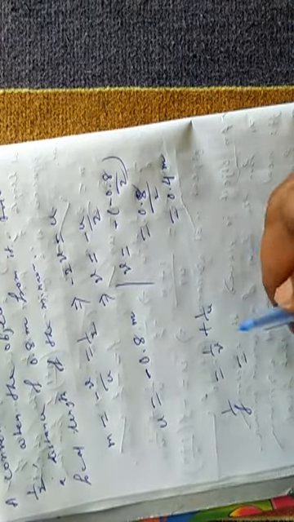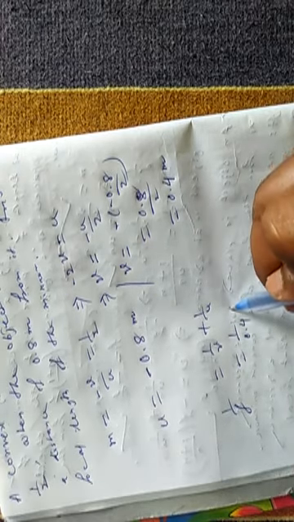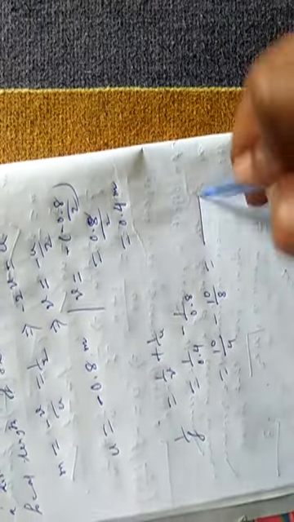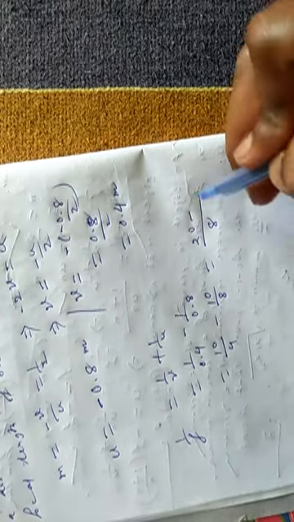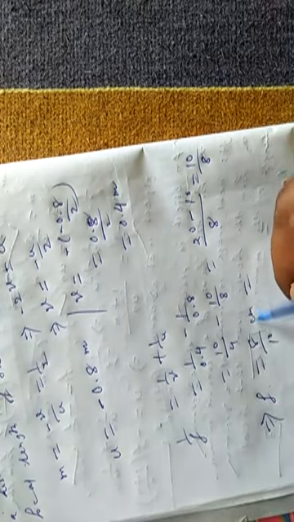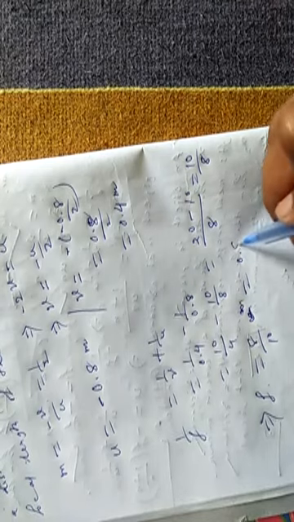So we get 1 by 0.4 minus 1 by 0.8 is equal to 10 by 4 minus 10 by 8, is equal to 20 minus 10 by 8, so we get f is equal to 8 by 10 meter, is equal to 0.8 meter. So in this way we can do the problem.